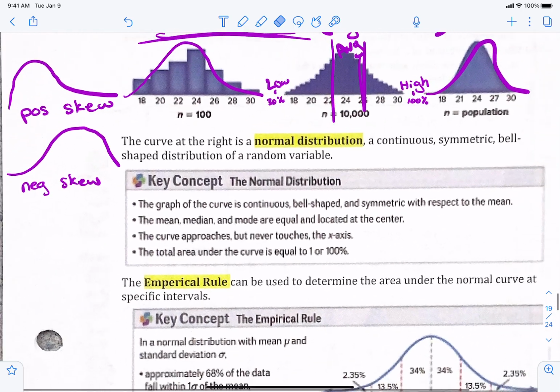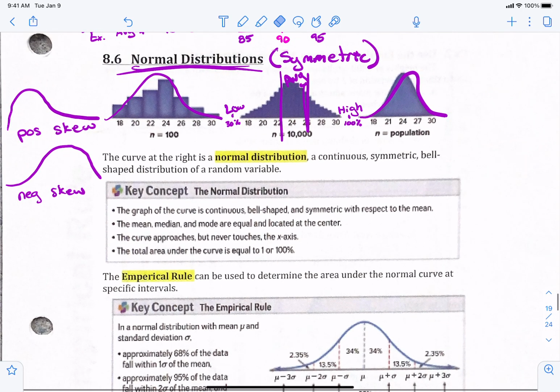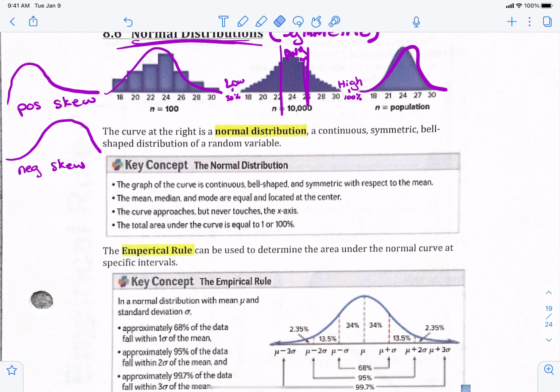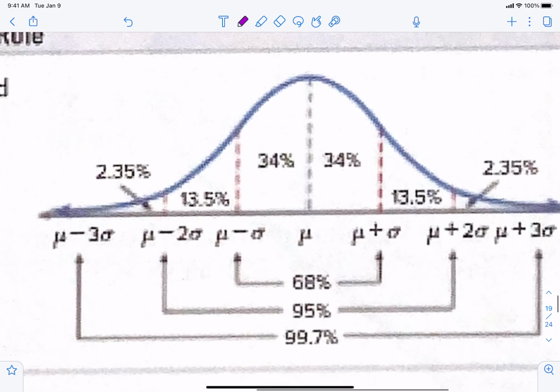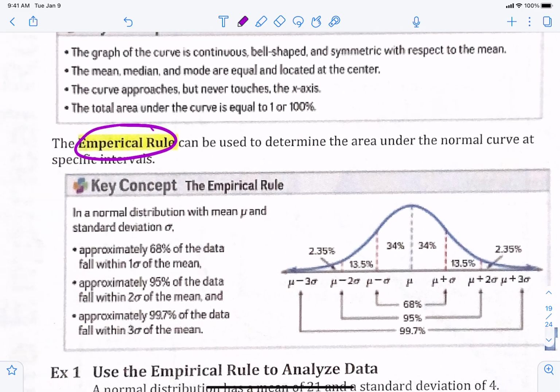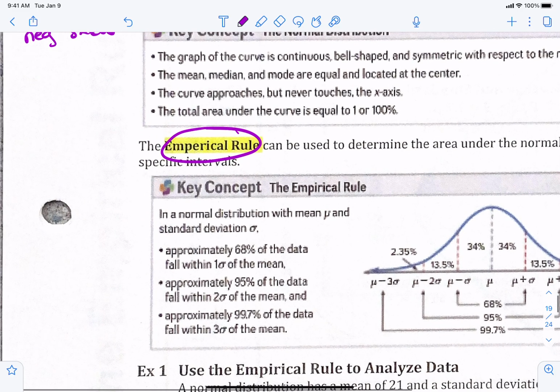Good? For this next part, there's an old dead guy who came up, legit, he came up with something called the empirical rule, and this is what you guys have that extra sheet of paper for. And the empirical rule looks like this. So what this old dead guy did, and he got thousands and millions of dollars, whatever the currency was at the time, for coming up with this.